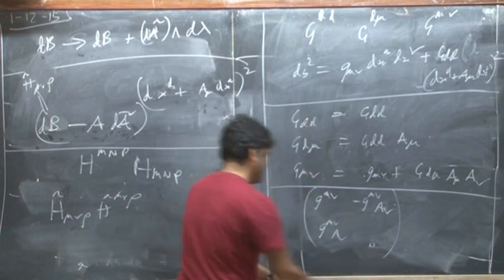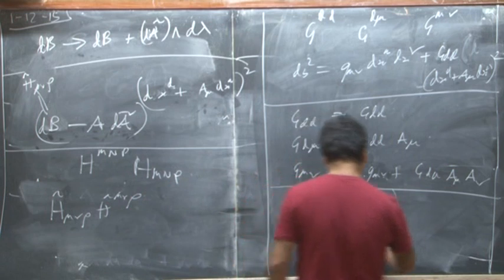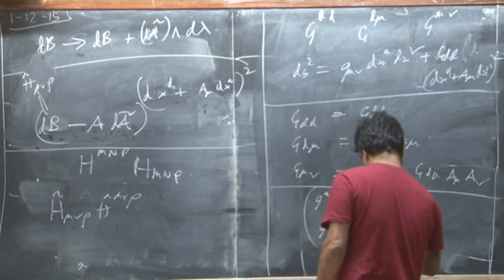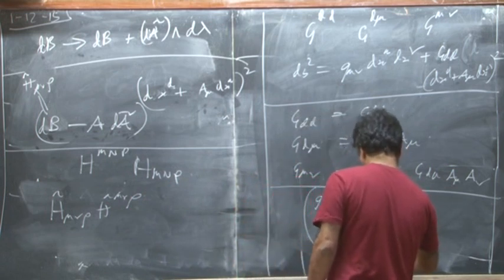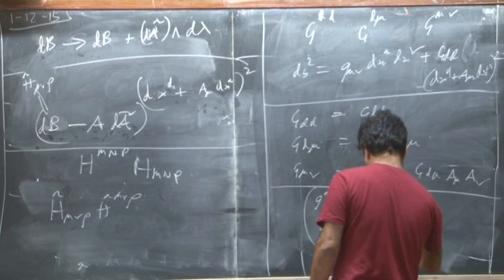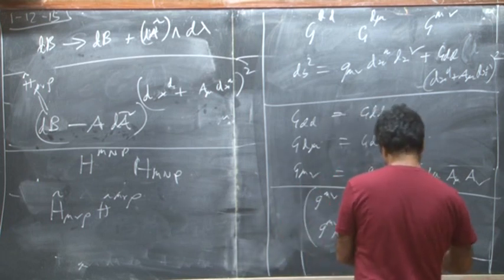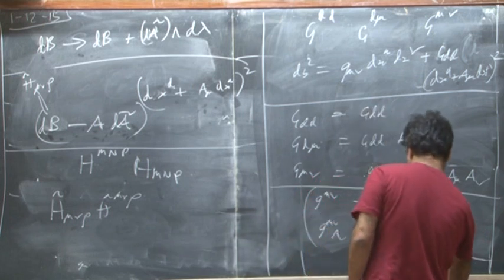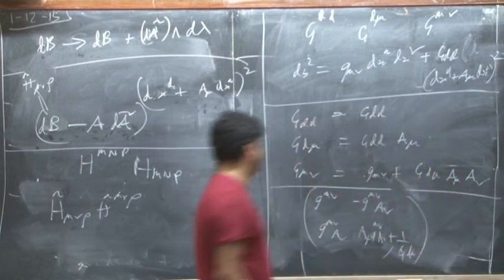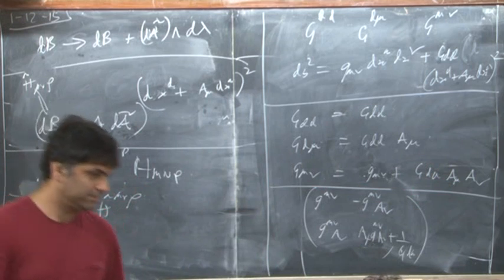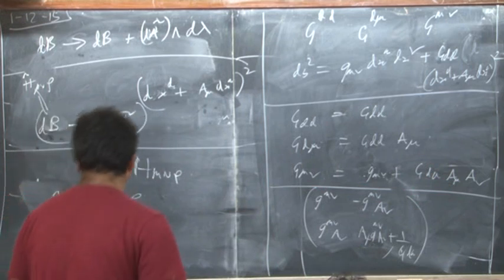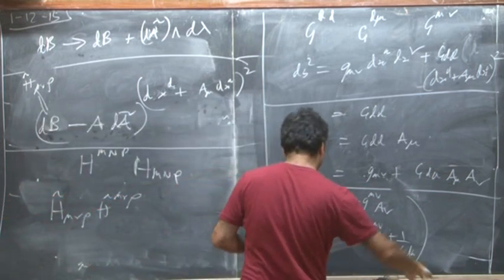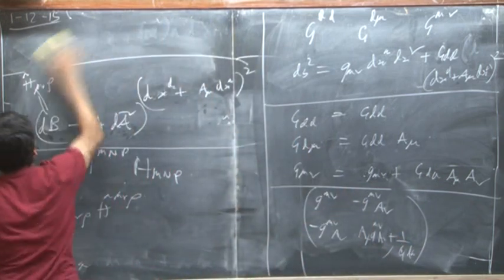And then A dot g dot A, A mu g mu nu A nu, plus 1 by g dd. Excellent.